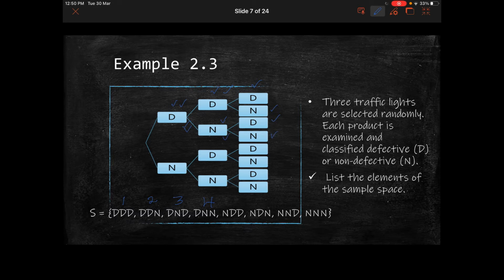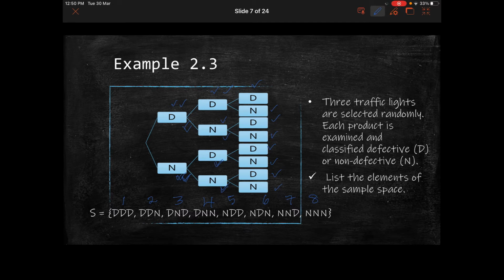For the non-defective, the fifth outcome would be N, D, D. And then N, D, N would be the sixth. And N, N, D the seventh. And the last one, the eighth outcome, would be N, N, N. Okay.